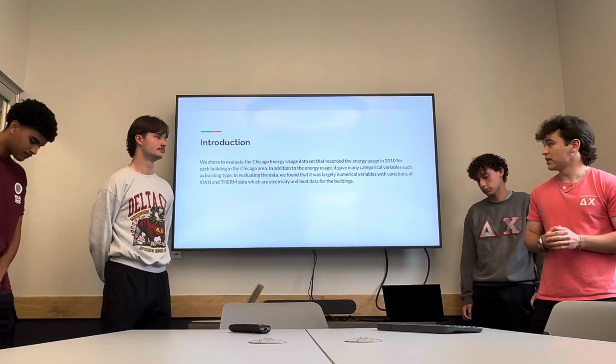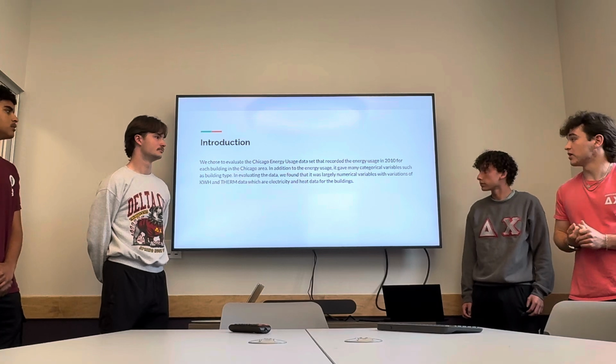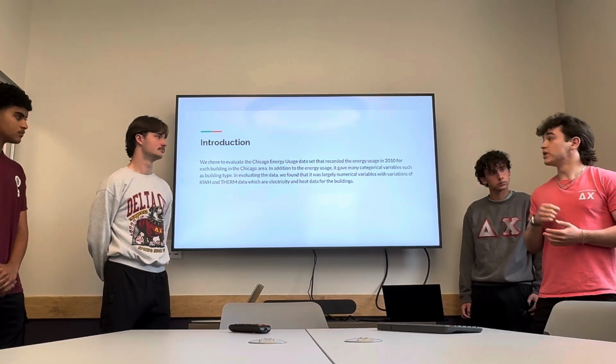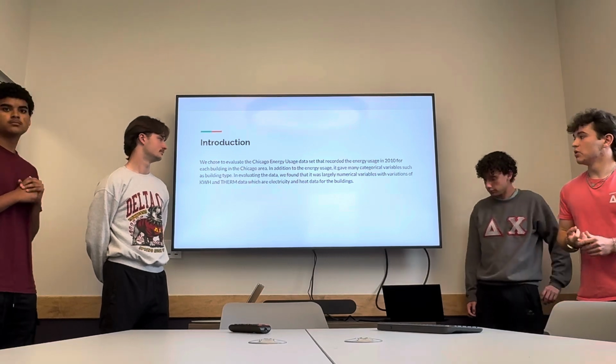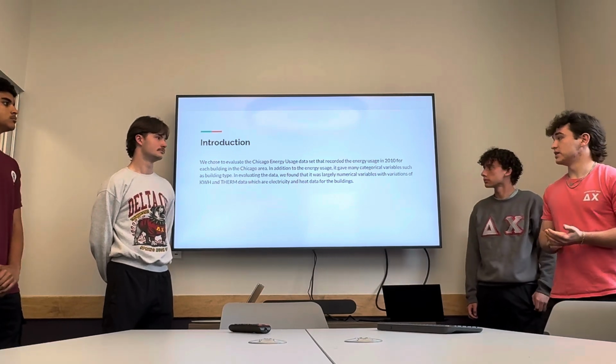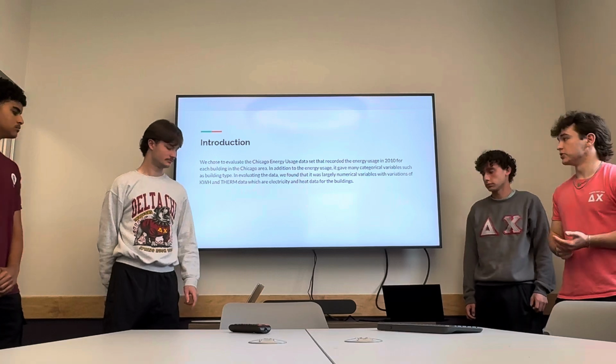In evaluating the data, we found that it was largely numerical variables with variations of kWh and therm data, which are electricity and heat data usage for the buildings.